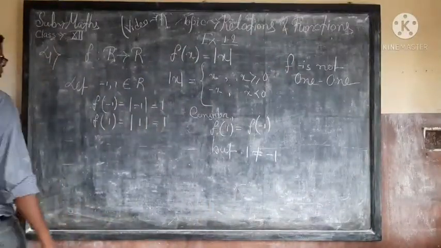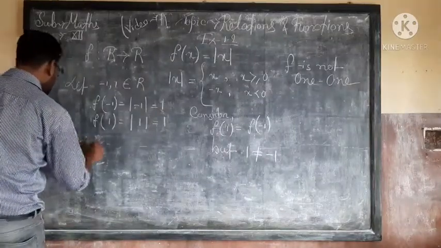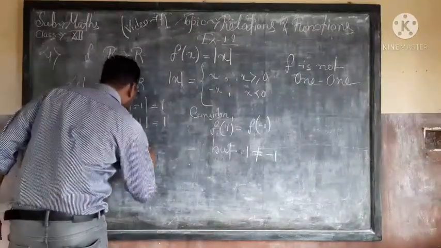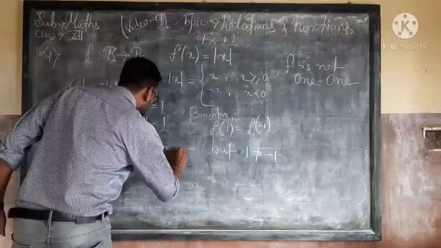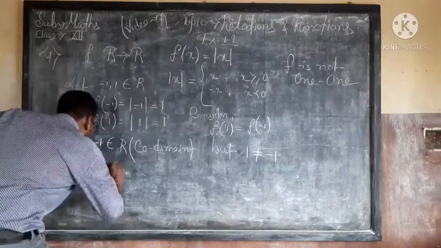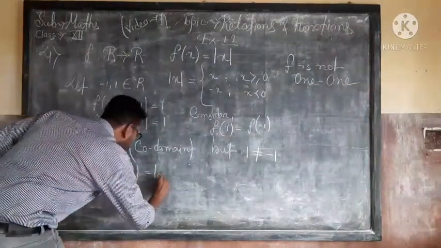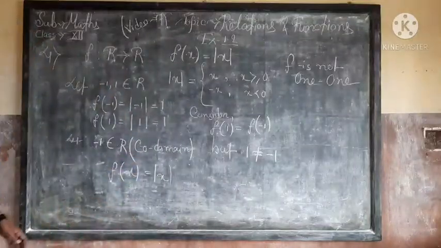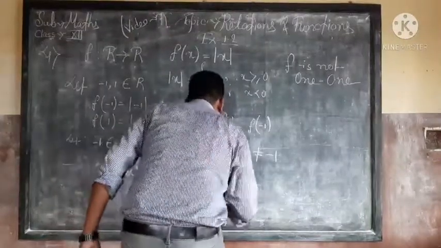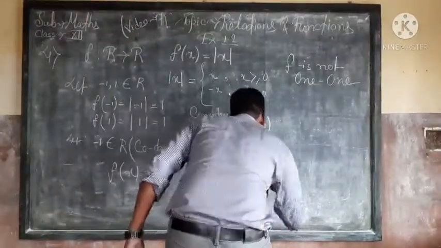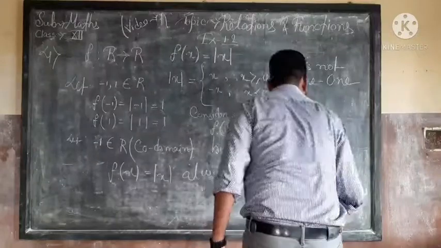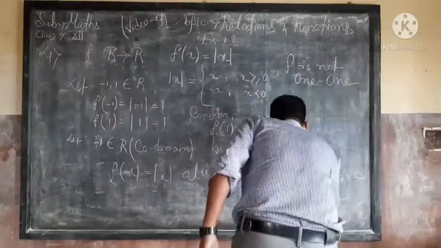Next, for onto, minus 1 belongs to R, and this R is nothing but the codomain. This f(x) equal to mod x always gives a non-negative value.